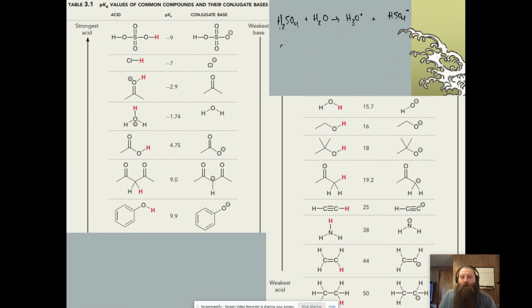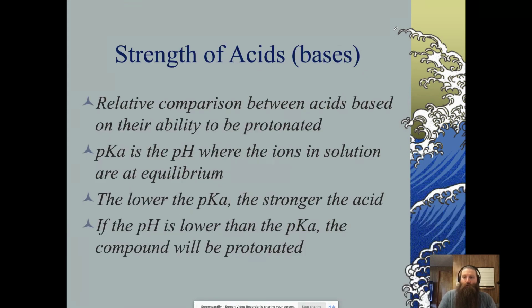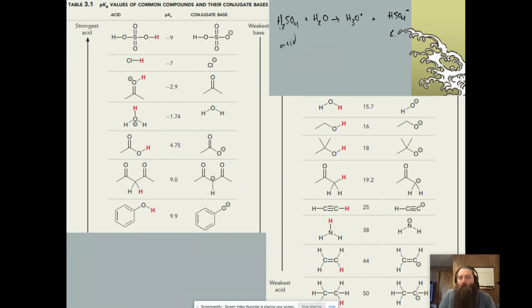So this is my acid. Here is my conjugate base. Here is my Bronsted-Lowry base. Here is my conjugate acid. So the stronger the acid, the weaker the base, right? And that's how that goes.